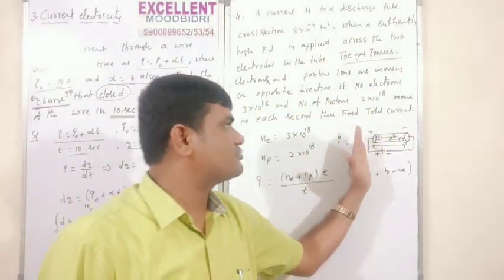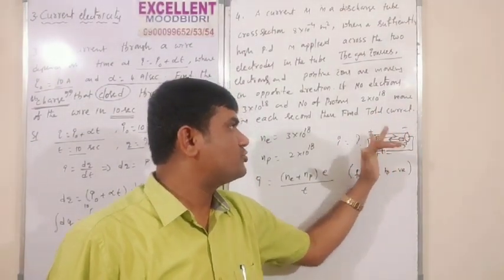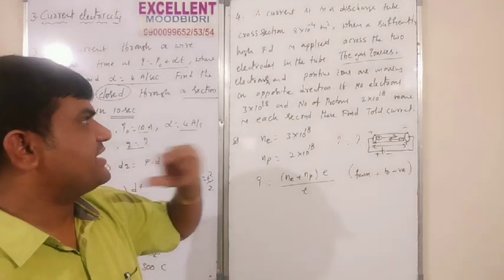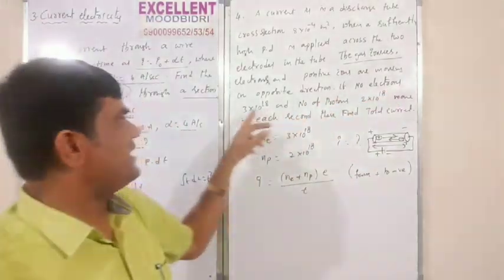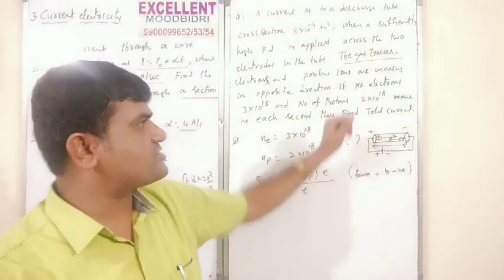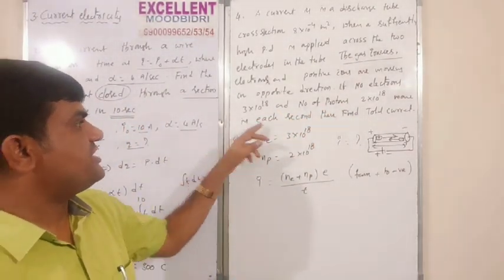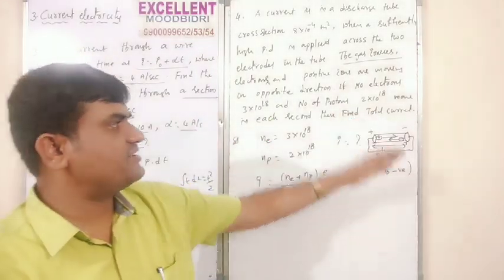Yes, positives move from positive to negative, electrons move from negative to positive. If the number of electrons is 3 into 10 power 18 and the number of protons is 2 into 10 power 18 moving in each second, then find the total current.